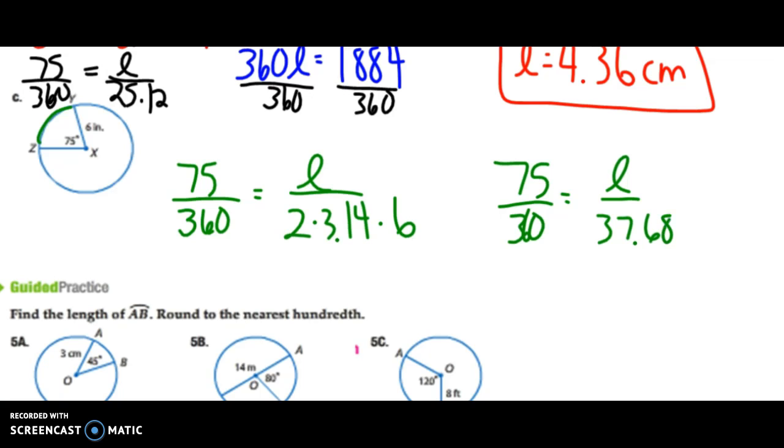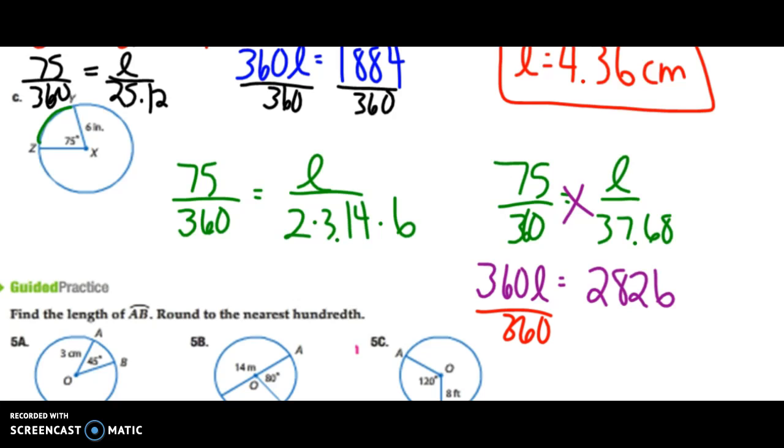Cross multiply. I get 360L is equal to 75 times 37.68, which is 2826. Divide by 360, and I find that L is equal to 7.85, and that would be inches.